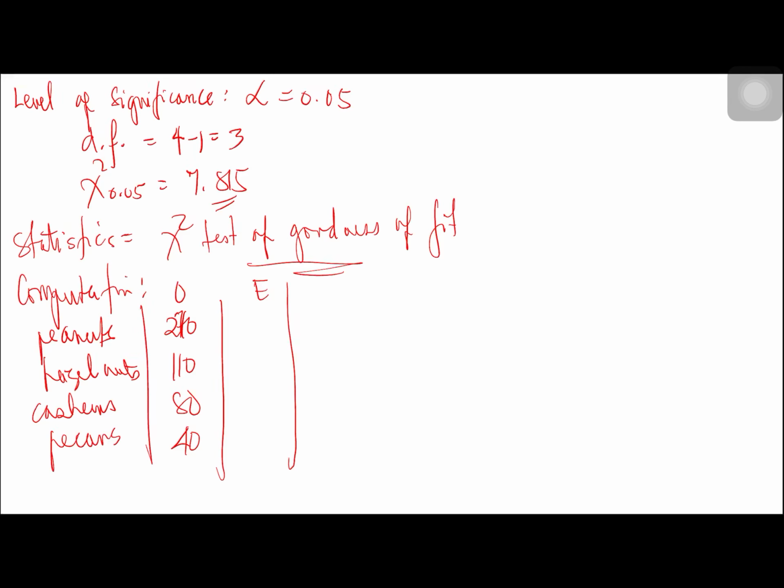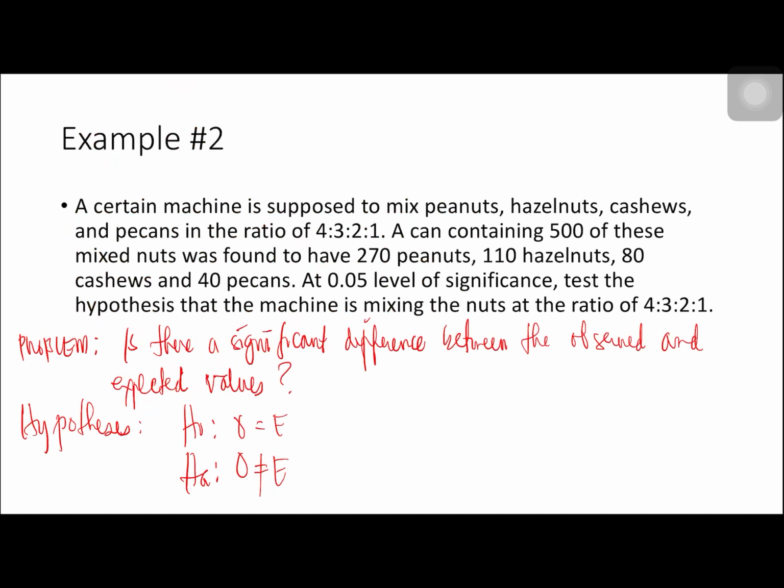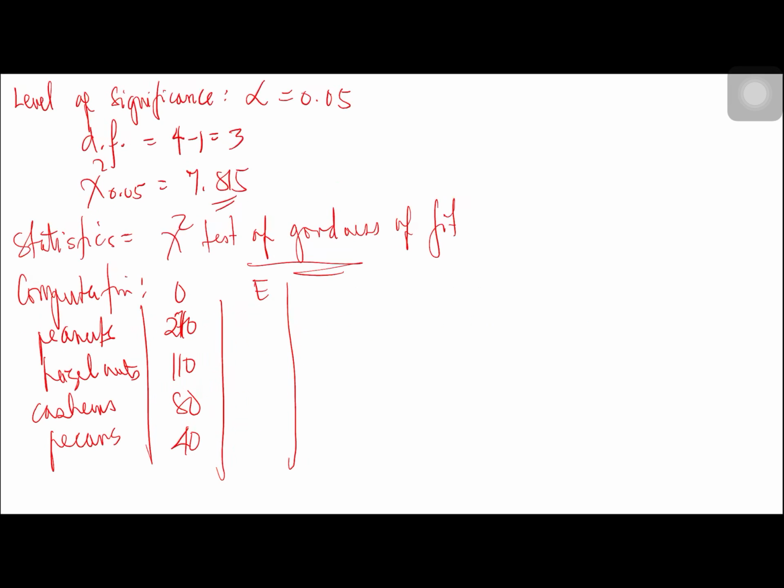For our expected values, again, we are given the ratio of 4, 3, 2, and 1. This is our ratio. So we have here 4 plus 3, 7, plus 2, 9, plus 1 is 10. So to get our expected values, we need to add our observed frequencies.